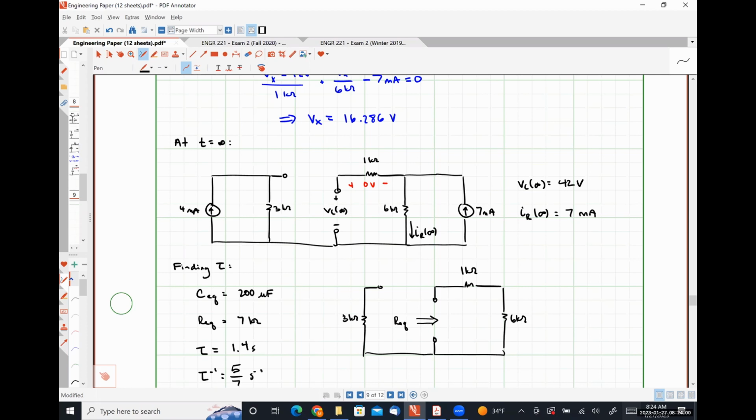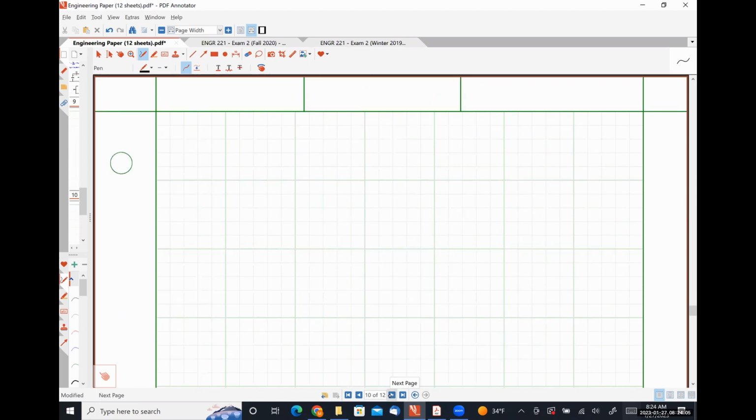From here, we simply plug things into our generic equation, right? So VC as a function of time will be whatever VC at 0 was, which I believe we found to be 12 volts for t less than 0 minus. And then we're going to have VC at 0 plus, which had to be 12 volts, minus VC at infinity, which we found to be 42 volts.